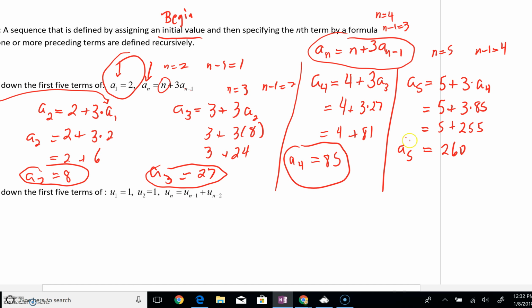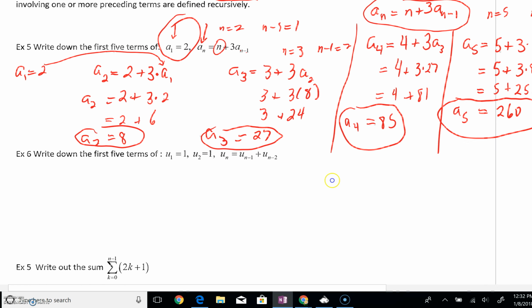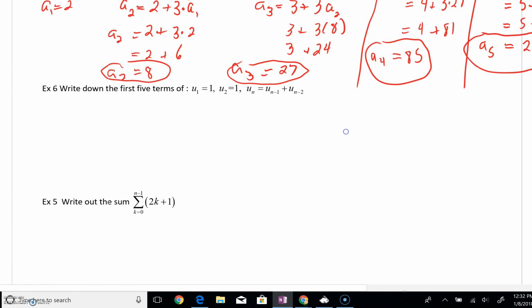So recursive formulas can take a while to work out because to get to your current term, you have to at least go one step backwards to the previous term. We're going to see, for example, 6, that we actually have a pattern where we're going to have to work with 2 previous terms. U sub 1 is 1, U sub 2 is 1.